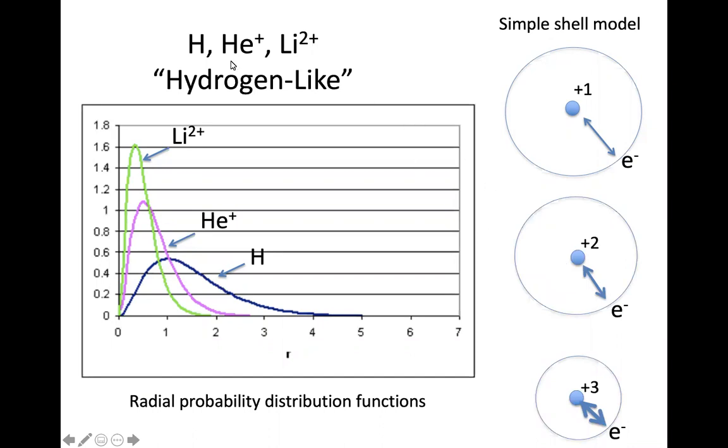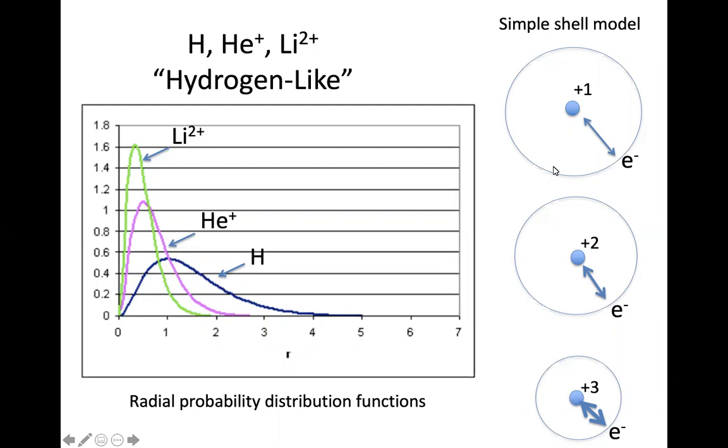These are what are called hydrogen-like, meaning that even though we've changed the number of protons, they still only have 1 electron that we're interested in. I don't think I have shielding taking place in any of these, since there are no smaller n value electrons. So I would say my effective nuclear charge would be +1, +2, and +3, for hydrogen, helium plus, and lithium 2+.